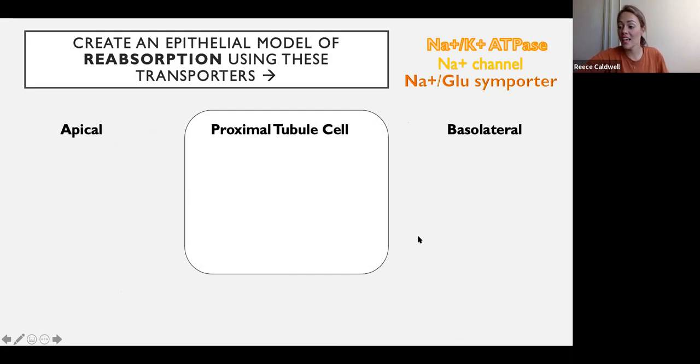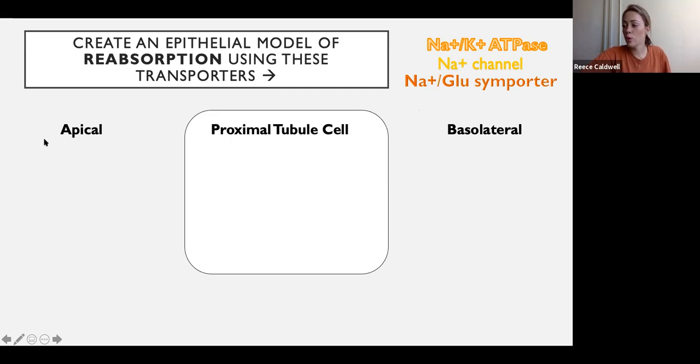So now we are getting into the actual worksheet. Hopping into that first question, what Dr. Ching is asking us to do is create a model of reabsorption using these three carriers. So we're talking about how we reabsorb molecules of sodium in this example, because we see sodium in all three of them, also glucose.